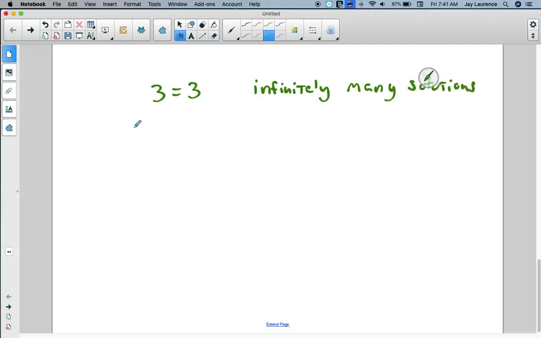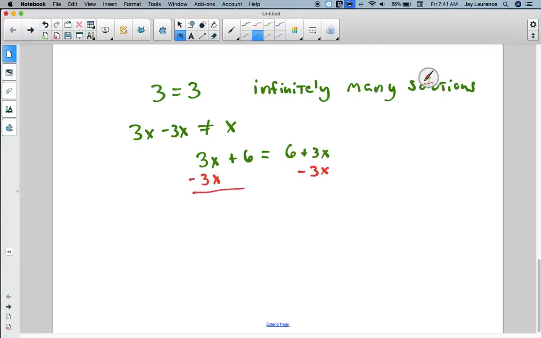By the way, be careful. 3x minus 3x does not equal x, right? Some of you will get that. You'll have a 3x plus 6 equals 6 plus 3x, and you will do something like this, and it is utterly ridiculous. Okay, you'll do this. This is smart.